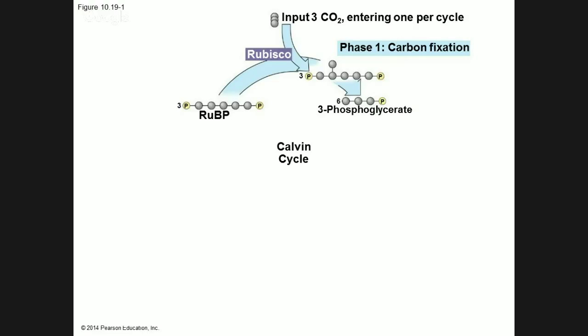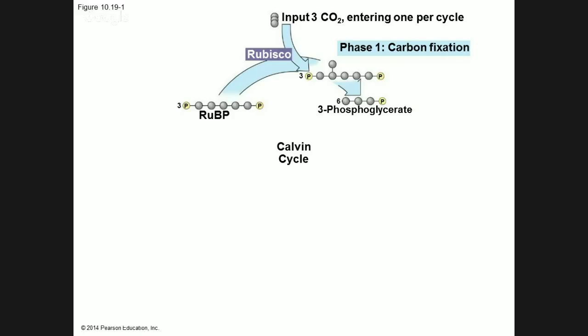The first part, carbon fixation, is literally what you're doing: you're fixing or capturing the carbon and putting it into a form that will stay in the cell. The only enzyme you need to know in all of photosynthesis is this one right here, called rubisco. Now, all the enzymes involved in here are all in the stroma, like I said.